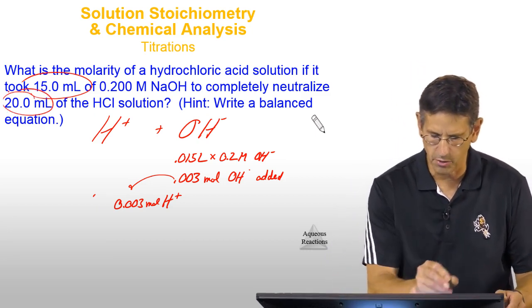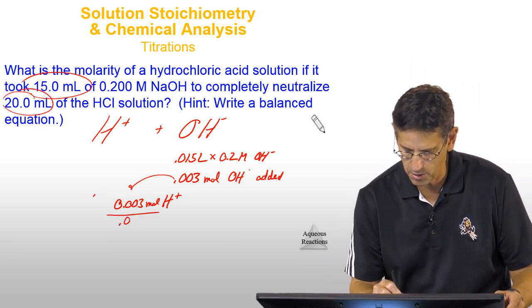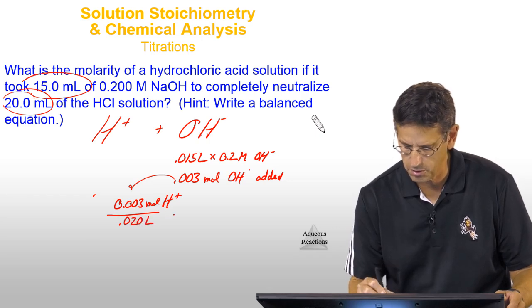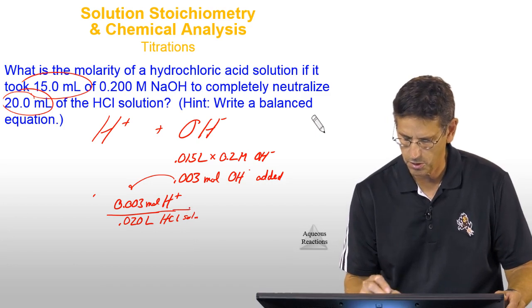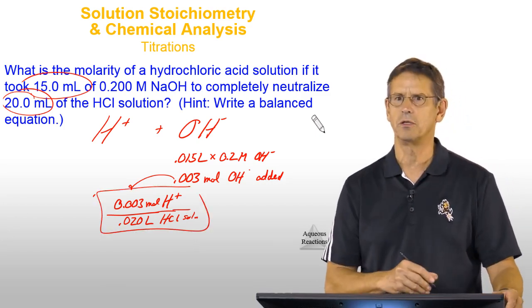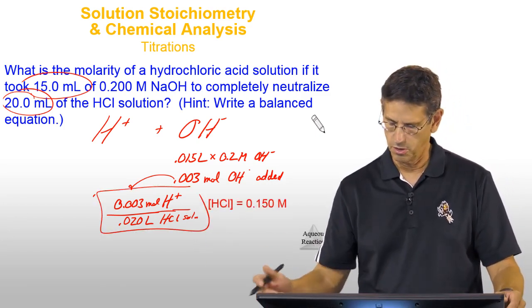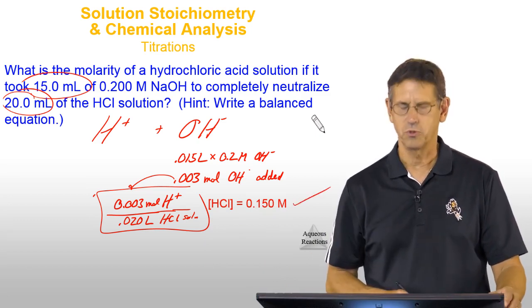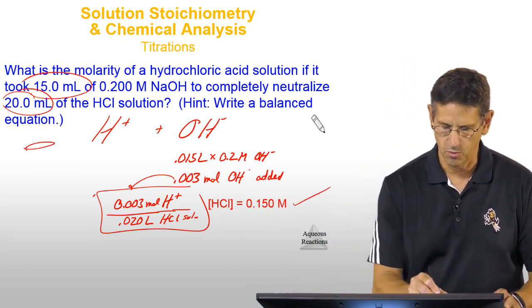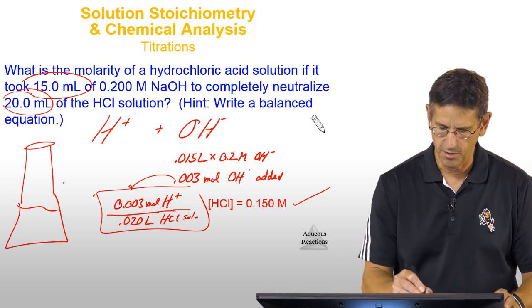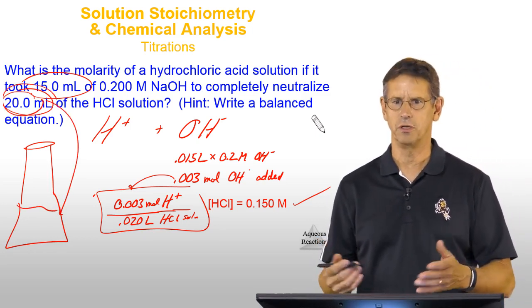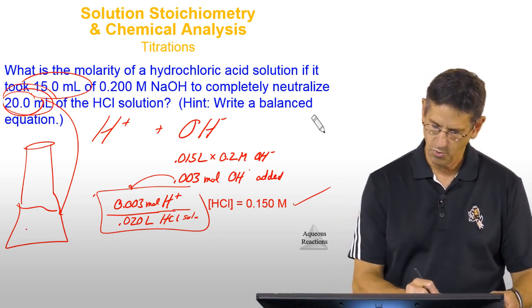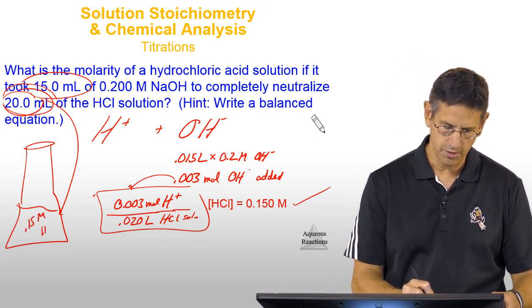It's 20 mL, or 0.02 liters of HCl solution. That's it. There's your molarity. Turns out that is, I've got it written down here, 0.15 molar. So one more time, in our original flask, we had 20 mL of HCl with a question mark molarity. We now know that's 0.15 molar HCl.